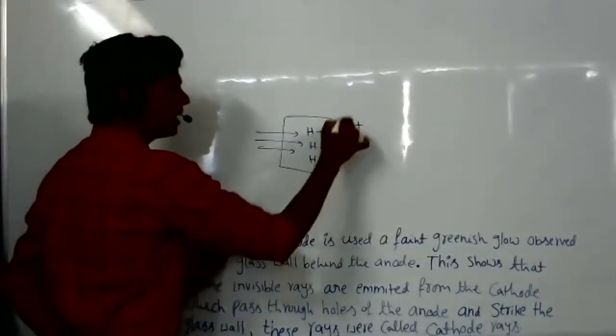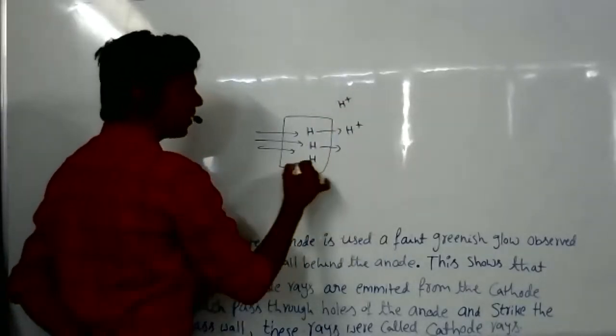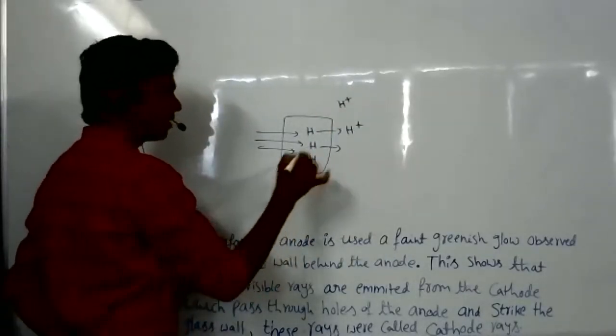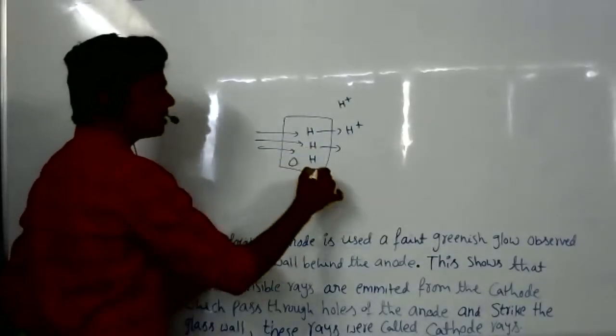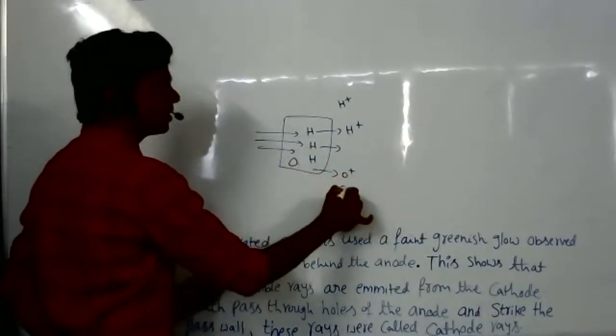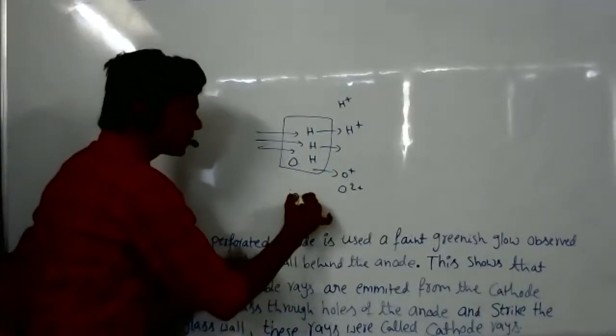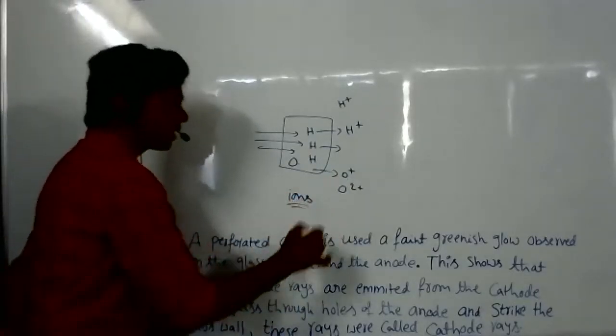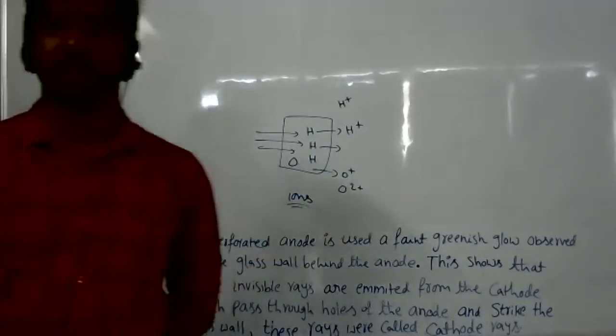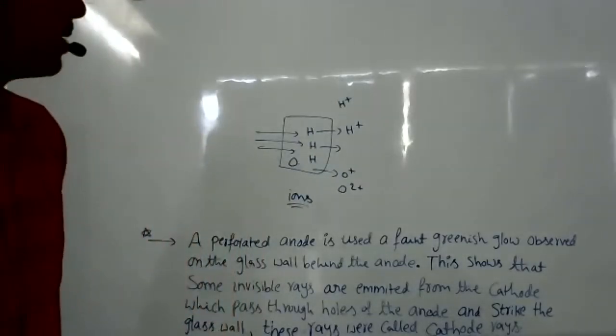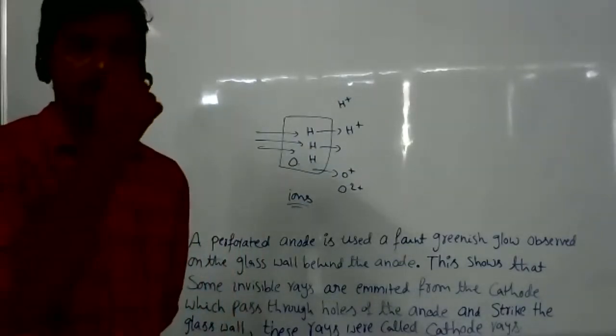All are forming H plus ions. And suppose you pass them through any other gas, oxygen gas, oxygen may also lose one electron or two electrons. Right? Finally, it forms ions. Cathode rays are causing an ionization effect. Okay, these are the major important points of cathode rays.